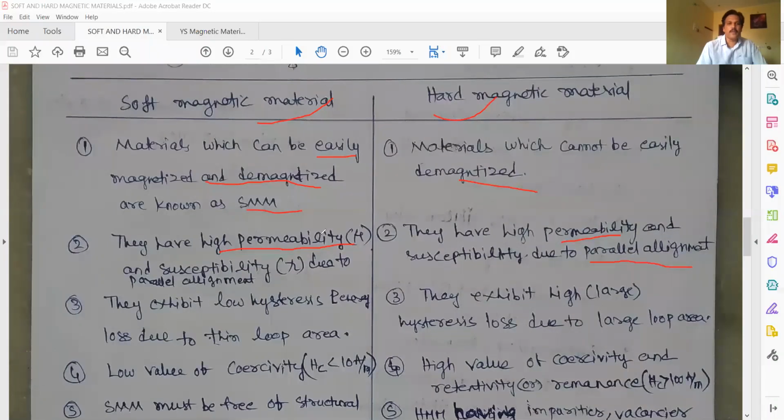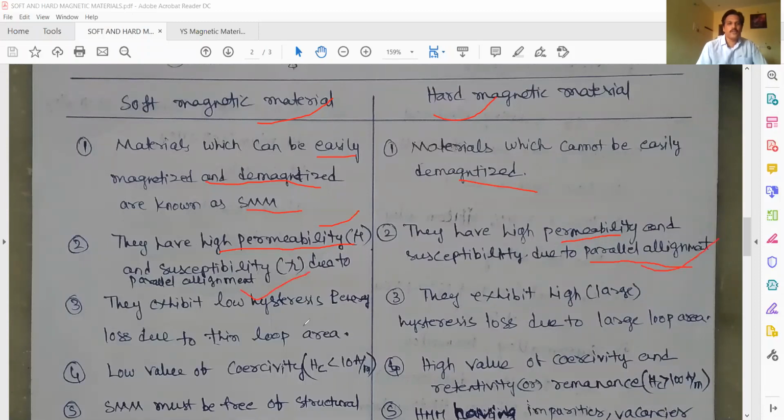High permeability means the ability of the material to allow lines of force to pass through it. So they have high permeability and susceptibility due to parallel, orderly alignment of dipoles in the material.